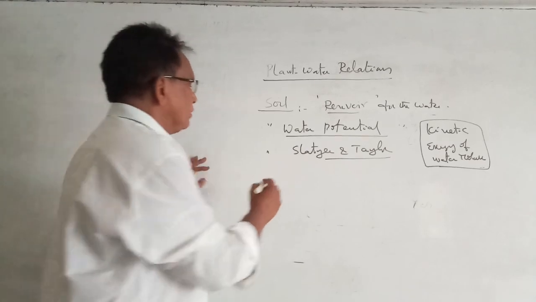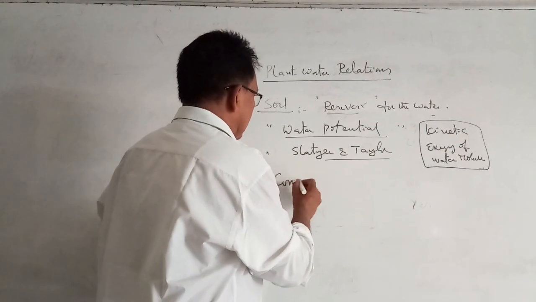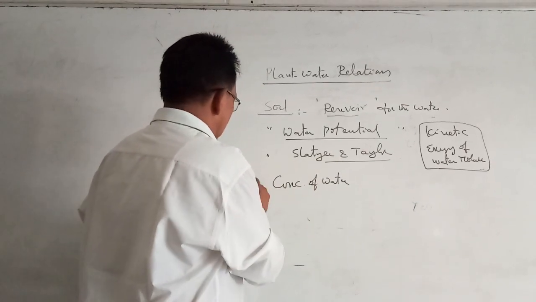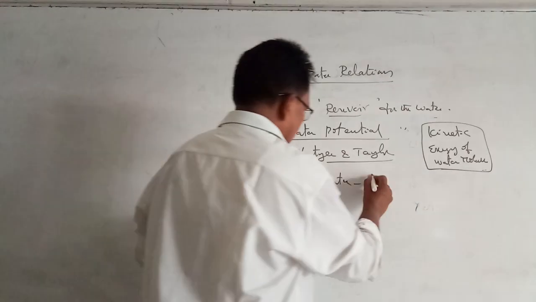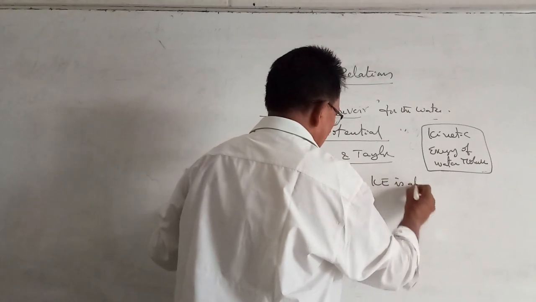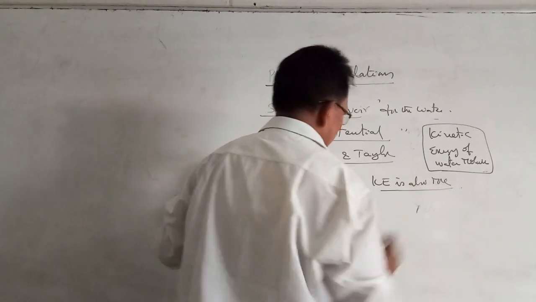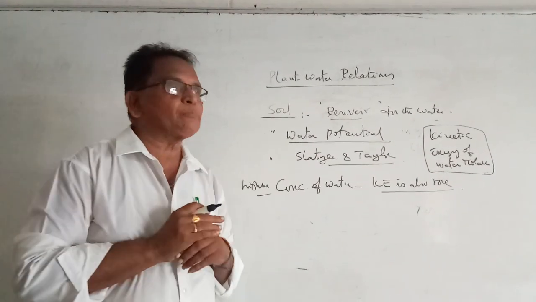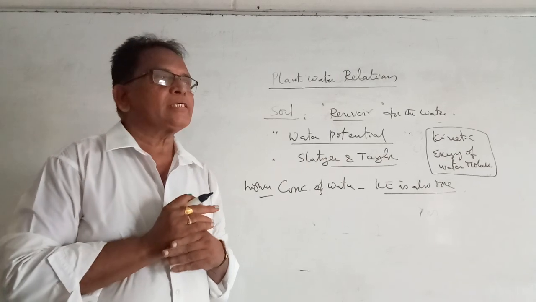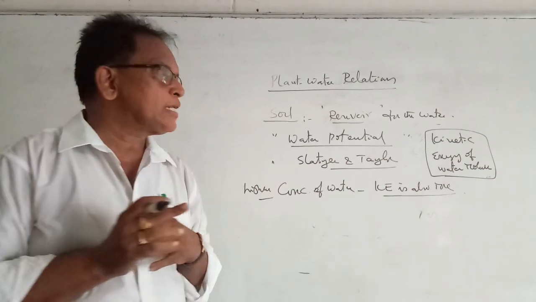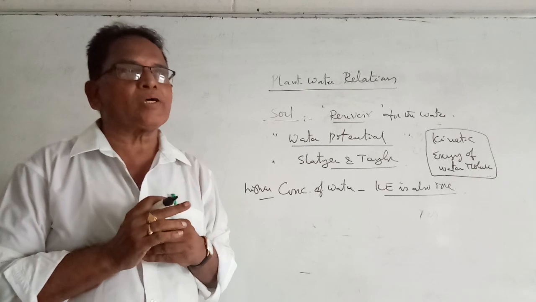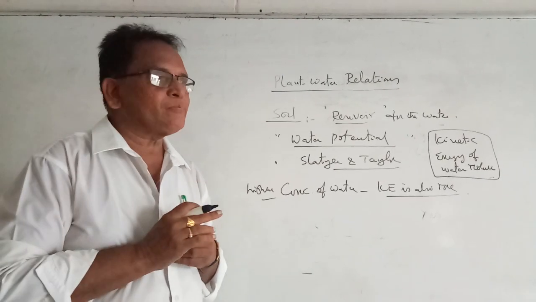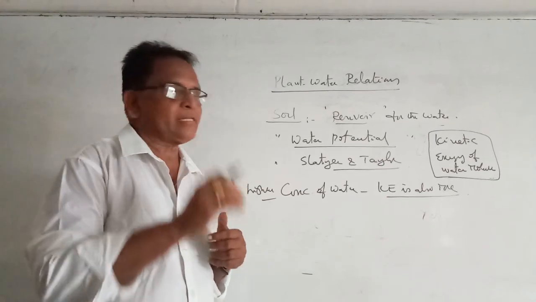Normally, whenever the concentration of water is higher, the kinetic energy is also more. Suppose the water concentration is more, naturally you know that soil contains water, so the water concentration inside the soil is always at a higher level. So the kinetic energy of the water molecules is also higher.